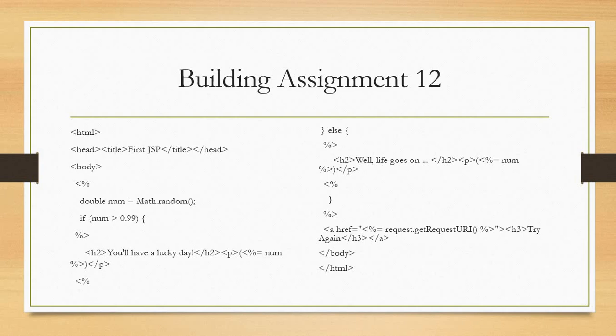Do this multiple times. However, again, in order for this to run properly, Apache Tomcat must be installed on the web server. This is the entirety of the assignment 12 code, HTML with our Java code embedded in various parts.